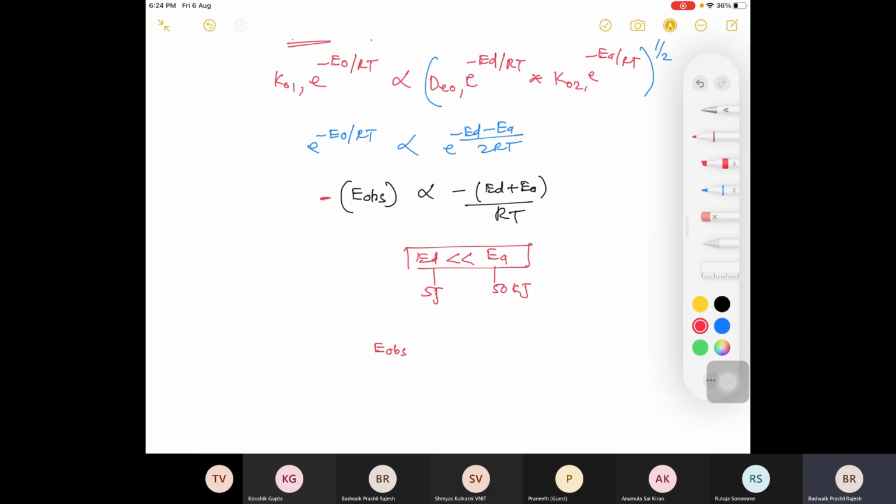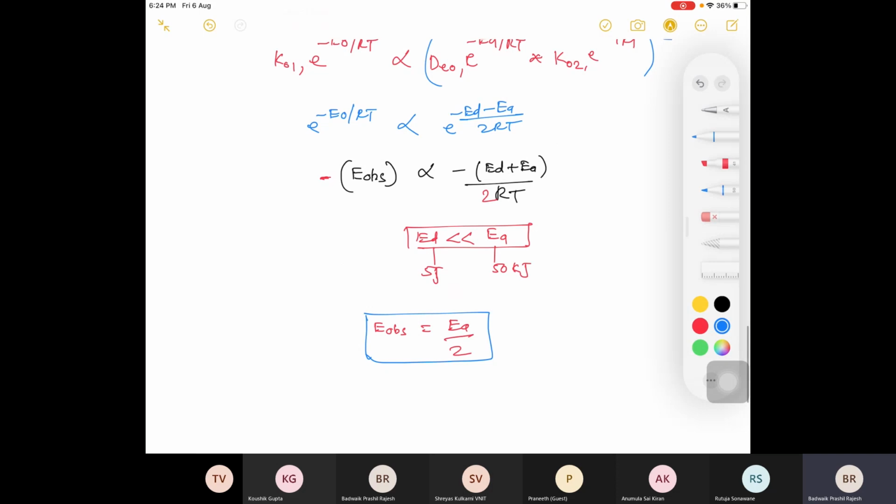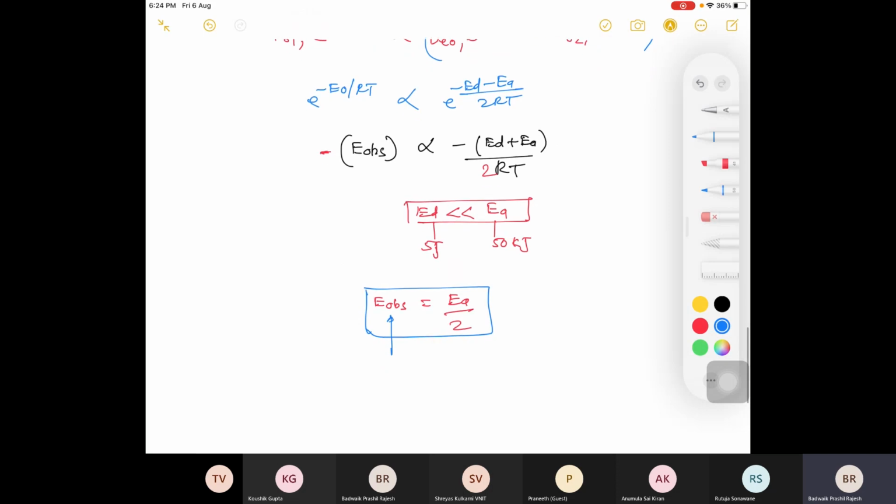E observed is equal to the activation energy here, it is 2 divided by 2, right? What is happening here is that your activation energy is divided by 2, that means your observed activation energy is half of the required one.